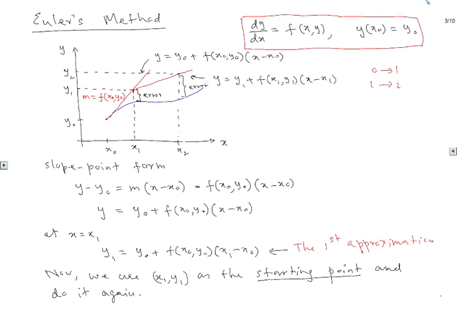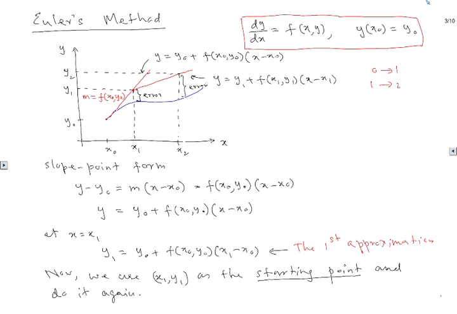So that's why this method is not that good, because when you go further away from the starting point, that error can get larger. It's not 100% sure because we don't know how the curve behaves at this point. Maybe the curve is very close to that one, but we don't know, no guarantee for that.